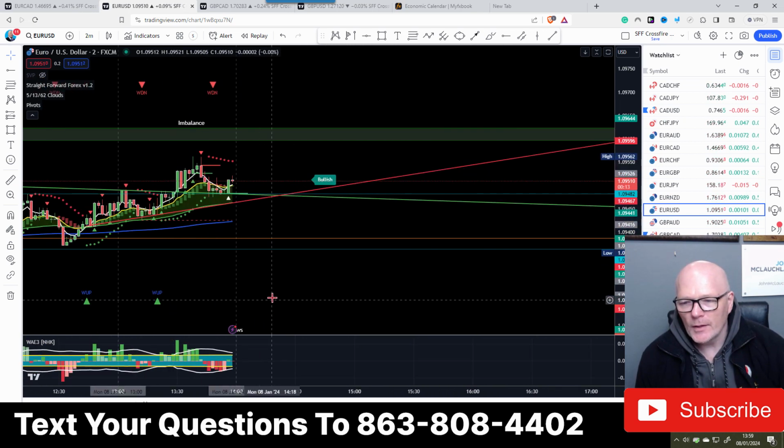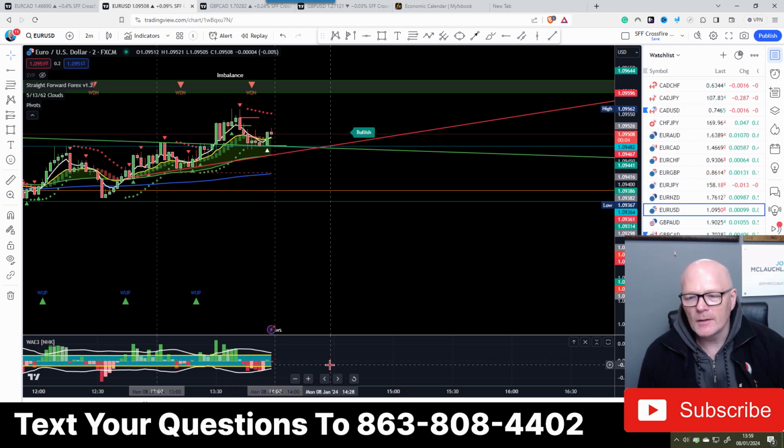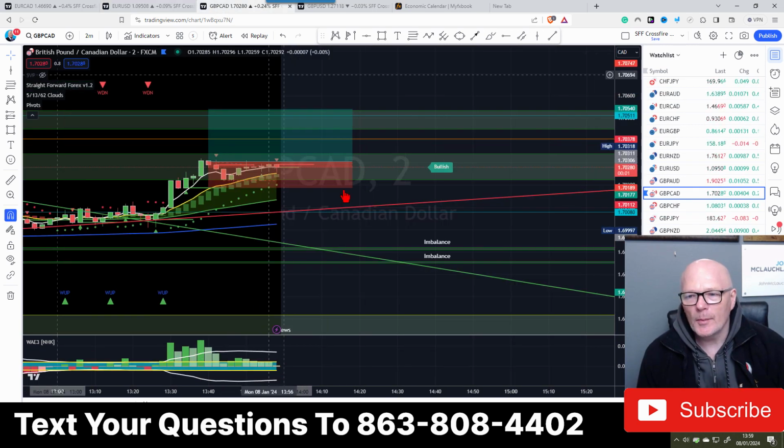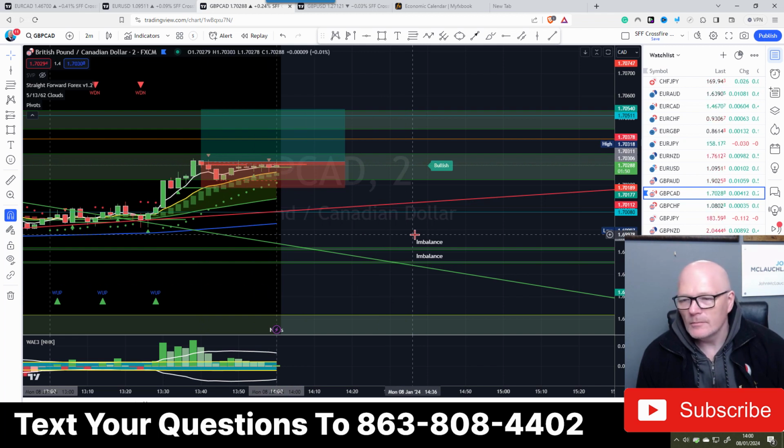If you look at the histogram or the WAD Arata, it's going back into the dead zone, and we've got very little volume to show. GBP CAD is still on this area, just going sideways. We've got the news now, and the news isn't really doing much.